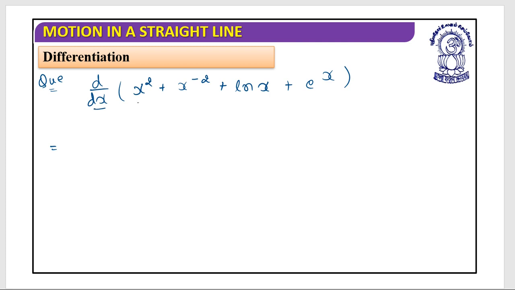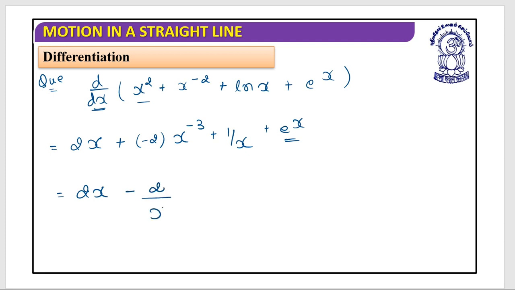So when I do d by dx of x square, it is 2 into x, plus d by dx of x to the power minus 2, it is minus 2 into x to the power minus 2 minus 1, this is minus 3, plus d by dx of ln x, it's 1 by x, plus d by dx of e to the power x, this is e to the power x. So this should be 2x minus 2 divided by x cube plus 1 by x plus e to the power x. This would be the answer.